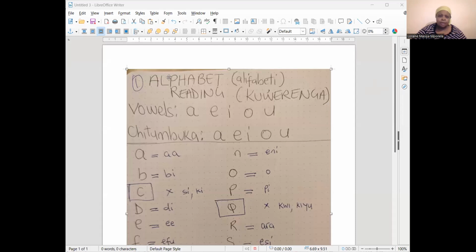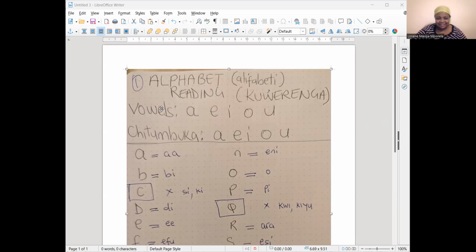Okay, so we are starting from the alphabet, which in my language you can read as alphabet, spelled that way. Reading in Chitumbuka is kuverenga. Notice the W has an asterisk. Kuverenga means reading. So start with vowels. Vowels in Chitumbuka, I should have written here, vawero, V-A-W-A.